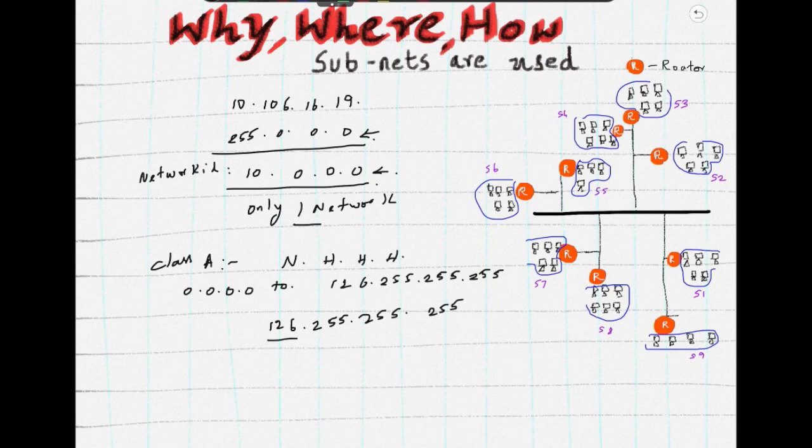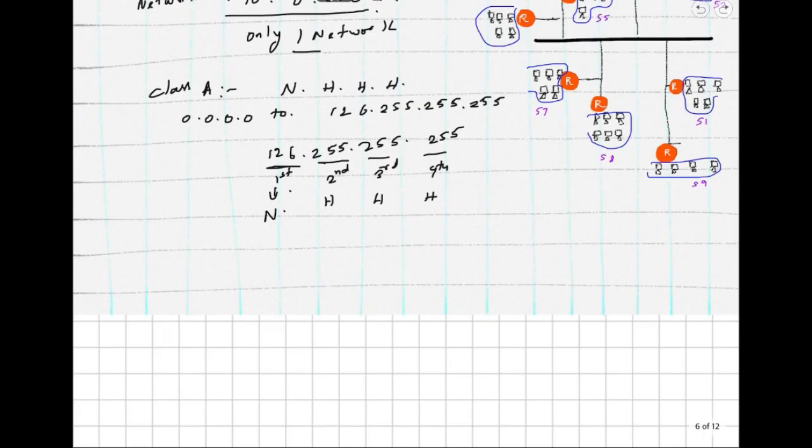There are 4 parts to any IP address: the first part, second part, third part and the fourth part. Only the first part is the network portion and the remaining are host portions in a class A address.